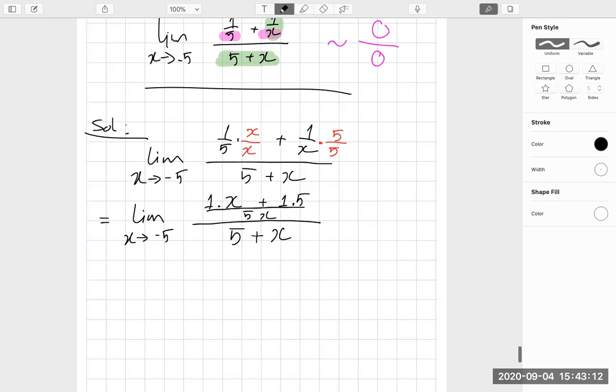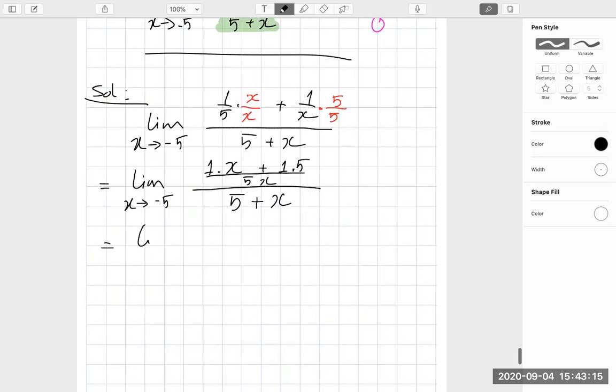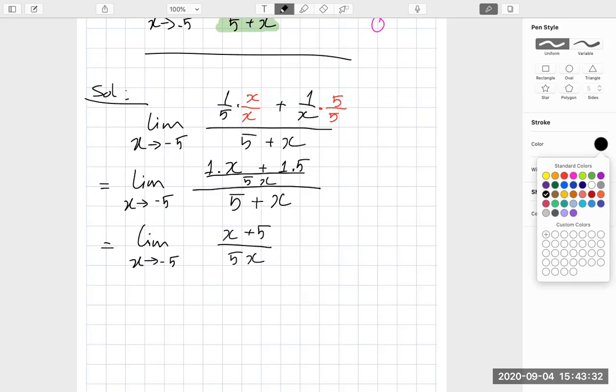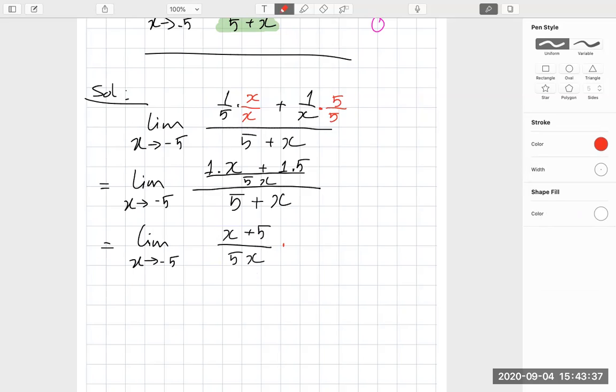Now this becomes (x + 5) divided by 5x, the numerator. Then we divide by 5 plus x, which means we multiply by its reciprocal, which is 1 over 5 plus x, right?